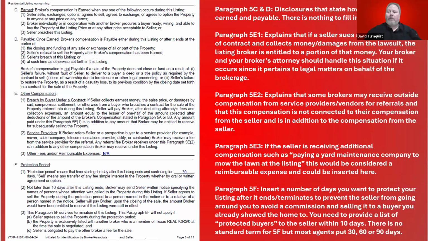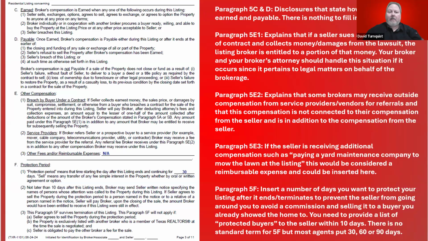Look, I listed your home and marketed it and did all this work. I'm entitled to a commission. But if you cross that bridge, if that does happen, you're going to need to turn that over to your broker, and your broker is probably going to contact their attorney. And because this is a legal matter, it's going to court. And unless you're an attorney, you're not going to be handling this part.